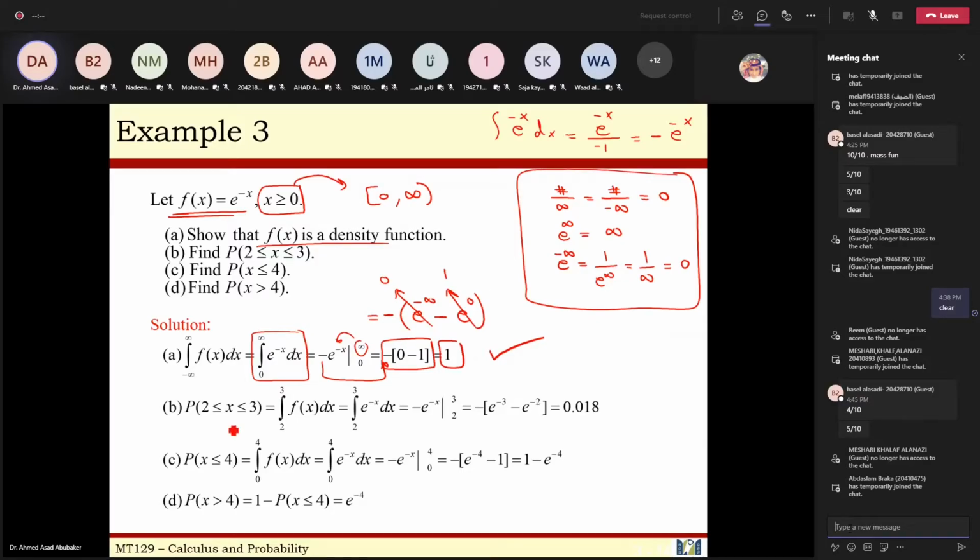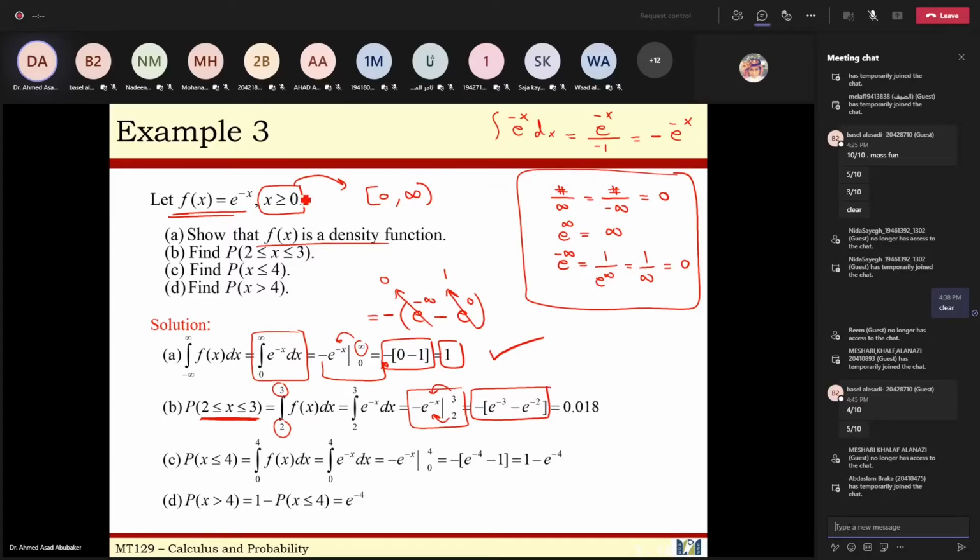To find the value of a probability between 2 and 3, this is just the integral from 2 to 3. For the same integration, substitute 3, substitute 2, so we have this one. Also, less than 4. What's the meaning of less than 4? It is from minus infinity to 4.